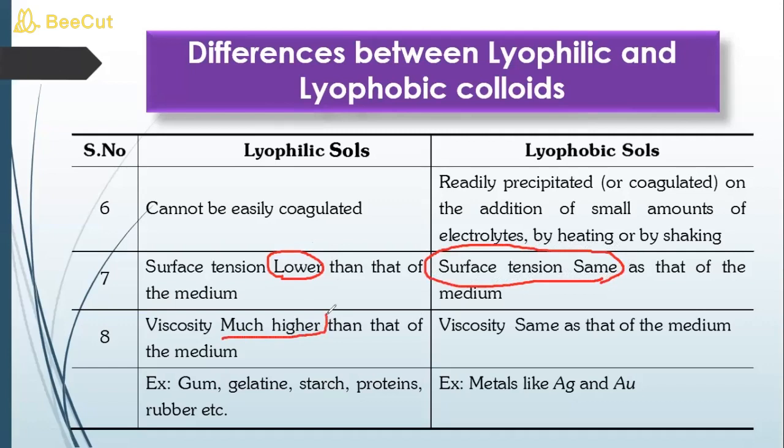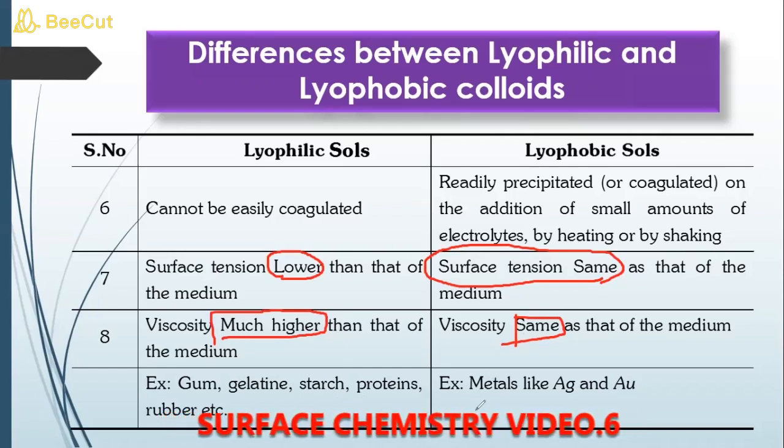Viscosity is much higher due to the interaction, whereas in the lyophobic case, viscosity remains the same. Examples of lyophilic sols are gum, gelatin, starch, protein, and polymer. Whereas examples of lyophobic sols are metal sols such as silver sol, gold sol, platinum sol, metal hydroxides, and metal sulfides.